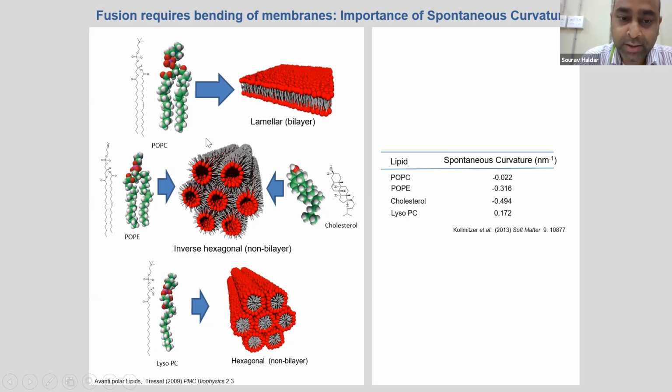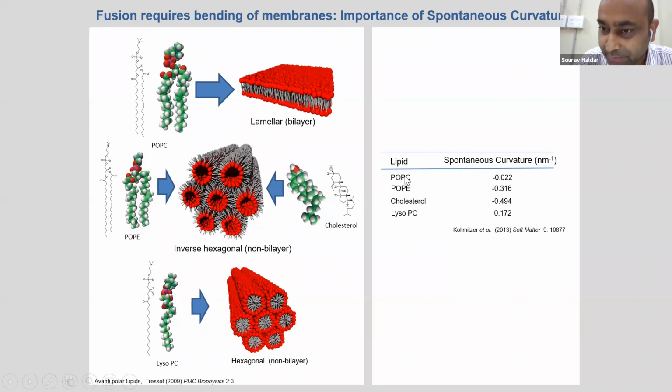So the point is, depending on the shape of the lipid molecule, they have different preferences for different kinds of non-bilayer structure. And this ability of the lipid molecules to deviate from the lamellar structure is quantified by a parameter called spontaneous curvature, which can be very easily determined by small angle X-ray scattering.